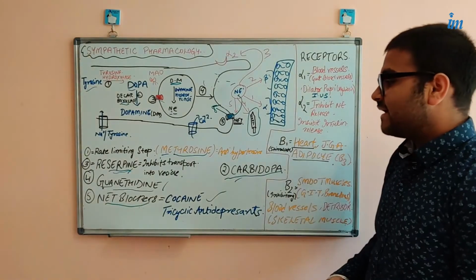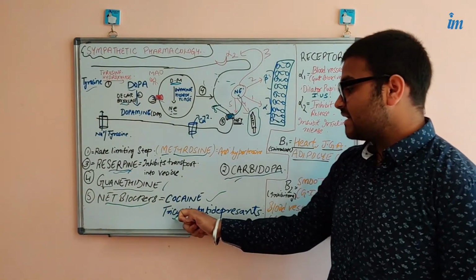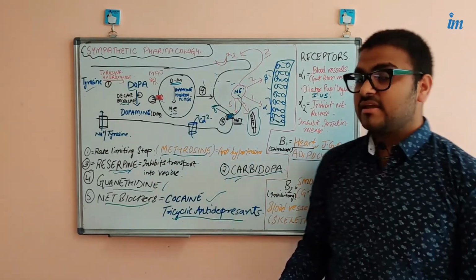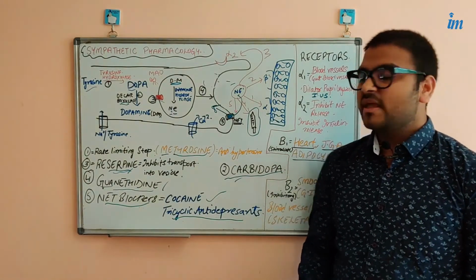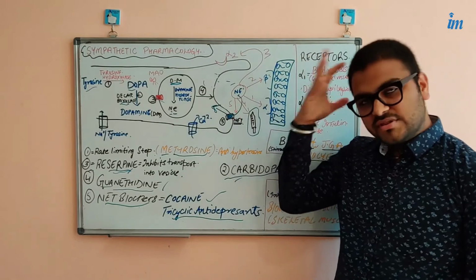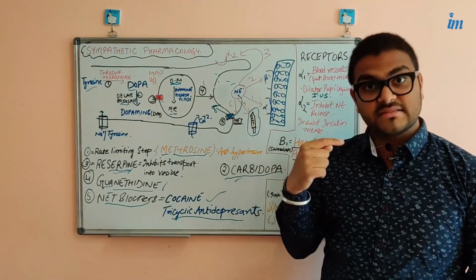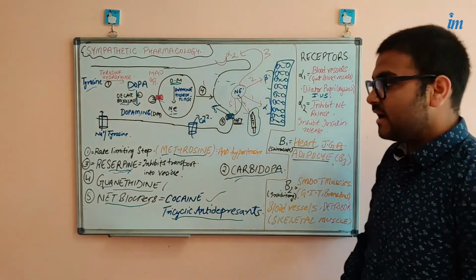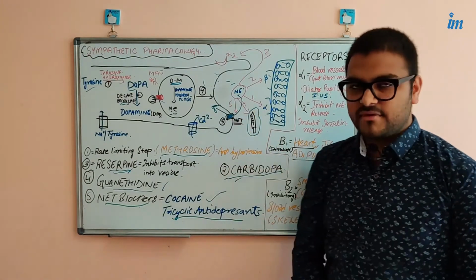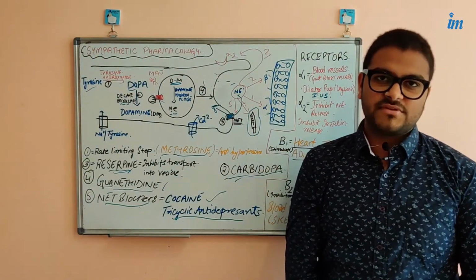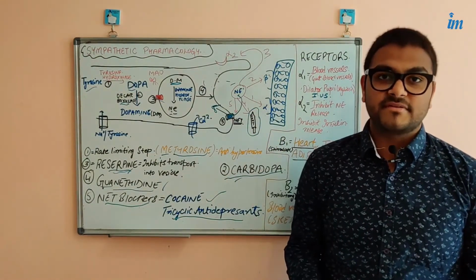The other drug is the tricyclic antidepressant. Tricyclic antidepressants also increase the level of norepinephrine within your synaptic cleft in the central nervous system, and a high level of norepinephrine in your central nervous system is antidepressive.